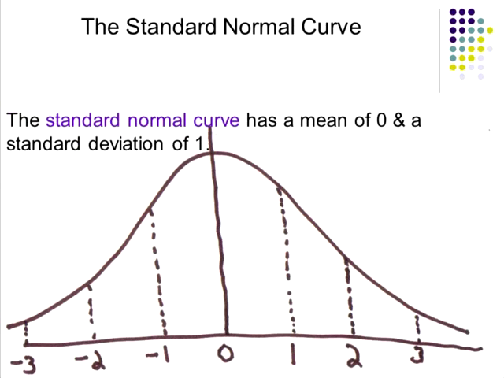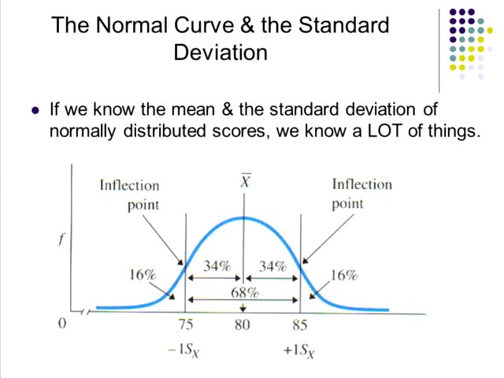So the standard normal curve always is centered at 0 and is divided up so that a z-score of 1 is 1 standard deviation above the mean. A z-score of 2 is 2 standard deviations above the mean. A z-score of 3 is 3 standard deviations above the mean.